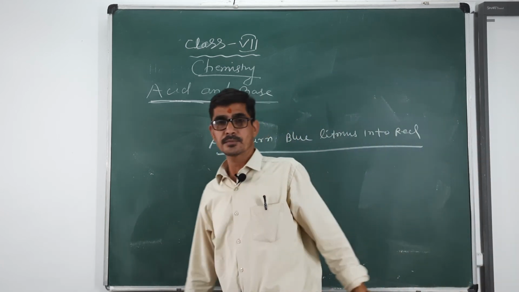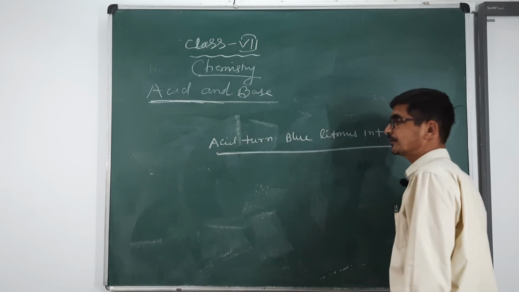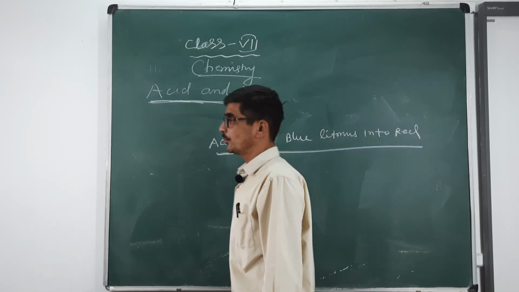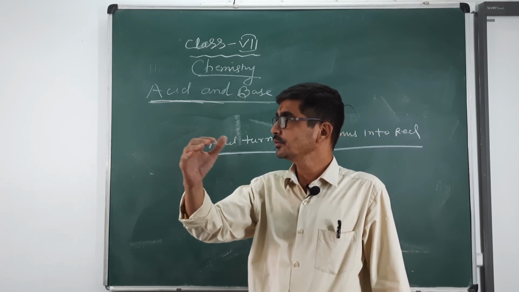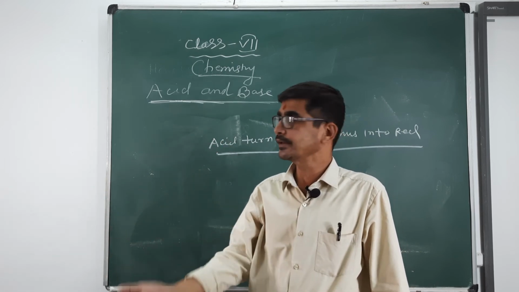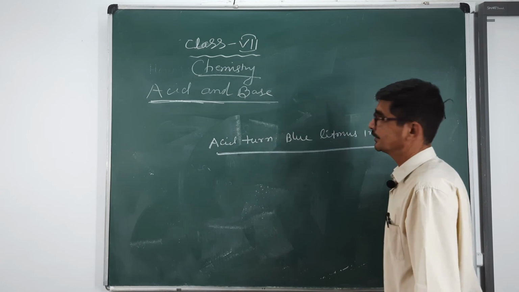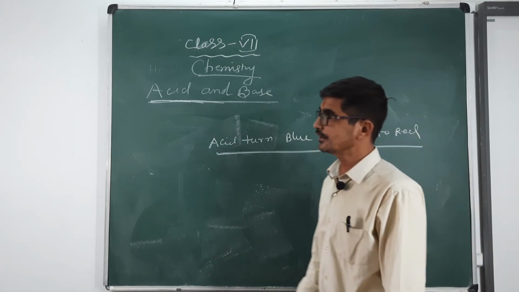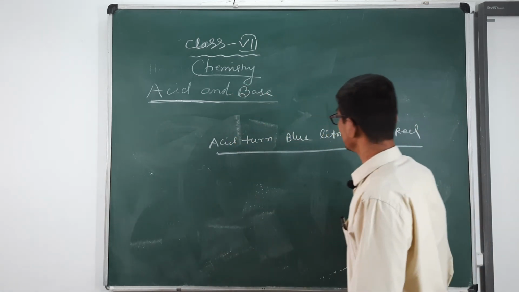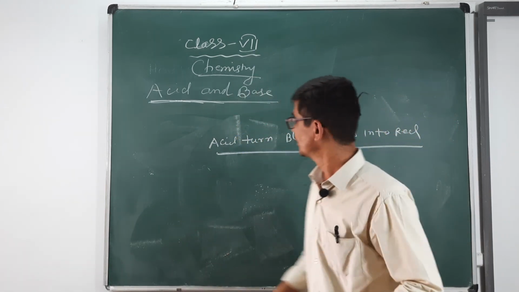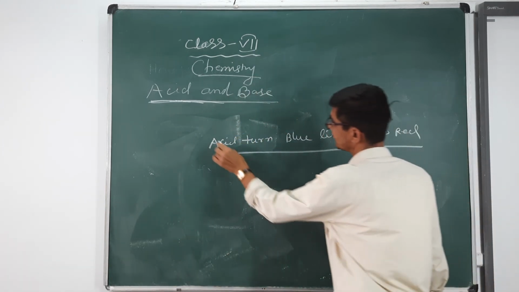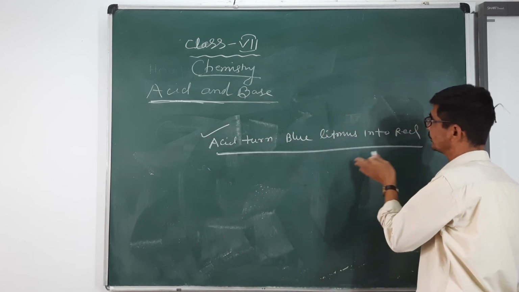When blue litmus paper is put into acid, it turns red. In the case of a base it is just vice versa. What will happen? Red litmus turns blue. So in the case of acid, blue litmus turns red.